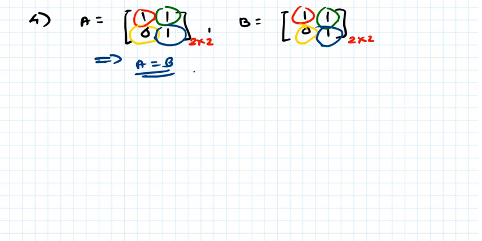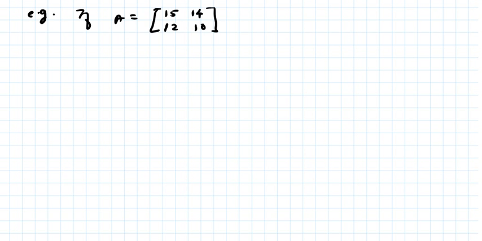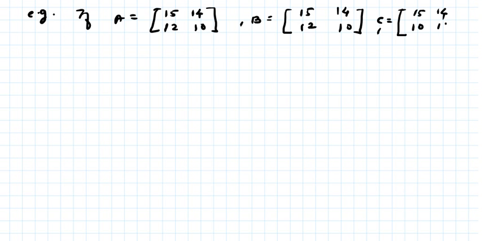Okay. Now we will see some examples on it. If we have the matrix A equal to 15 14 12 10, the matrix B equal to 15 12 14 10, and the matrix C is suppose 15 10 14 12.